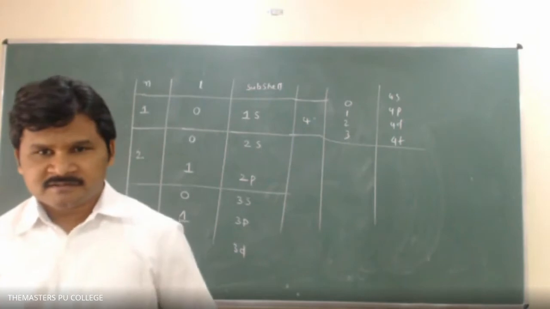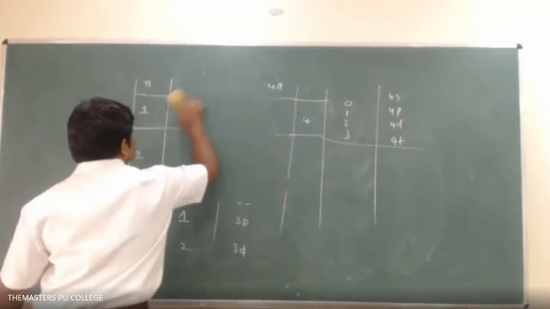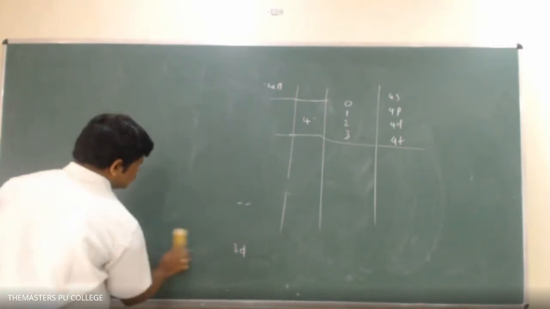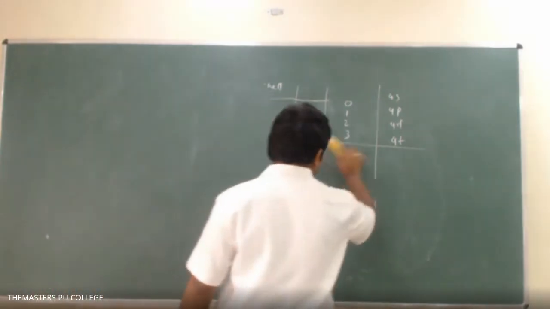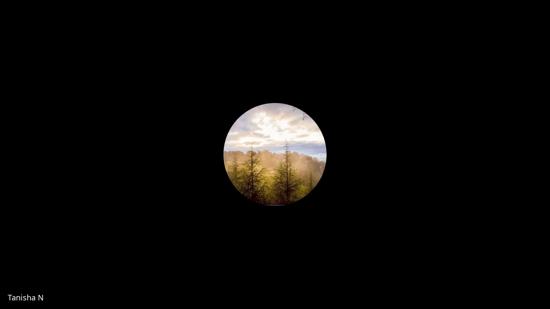Magnetic quantum number. Sir, what is the meaning of azimuthal? Azimuthal means subshell only.